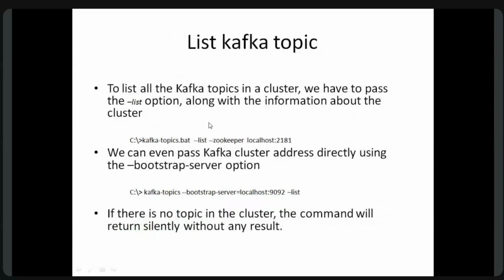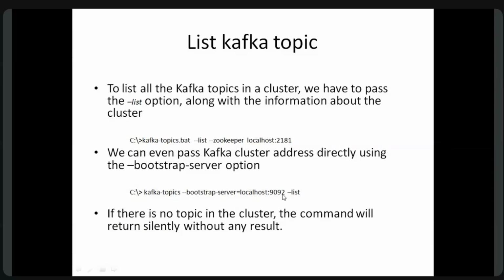Now we have to list the topics which you have created in your cluster. To list the topics, you use the list option. The main command remains the same, Kafka topics, and you just give the list option. Then give zookeeper localhost 2181 if your Kafka version is older.